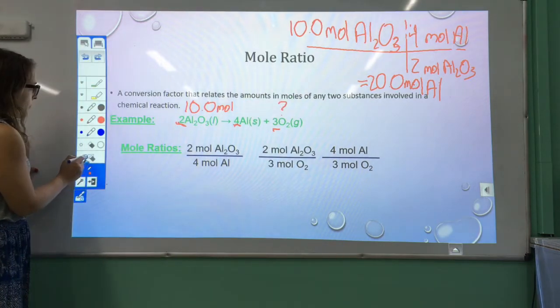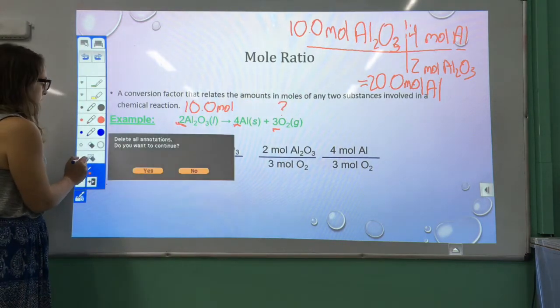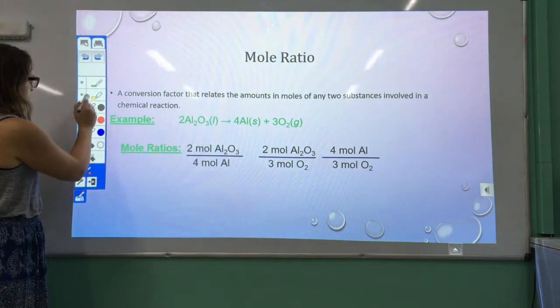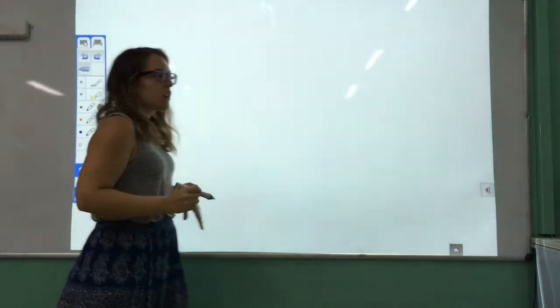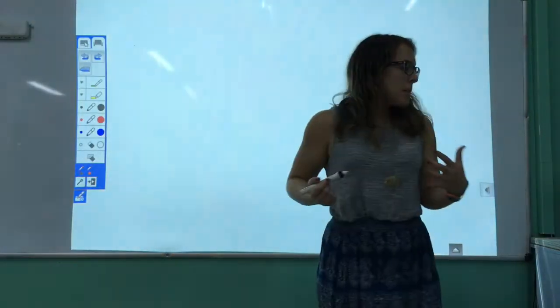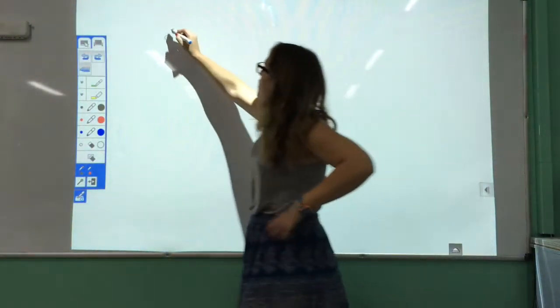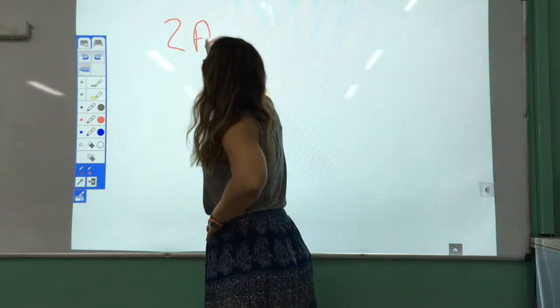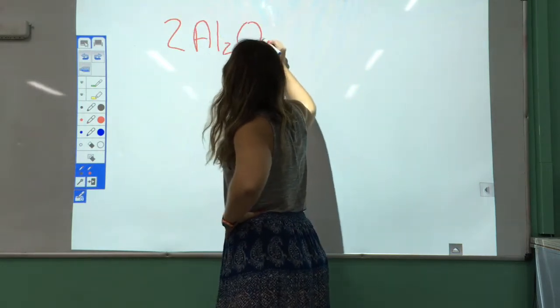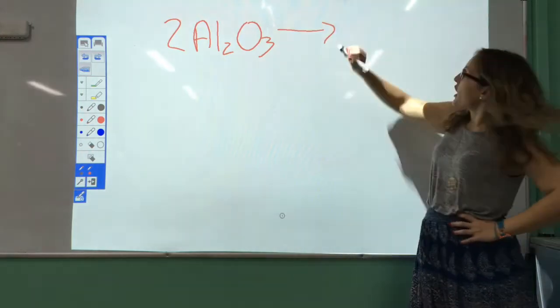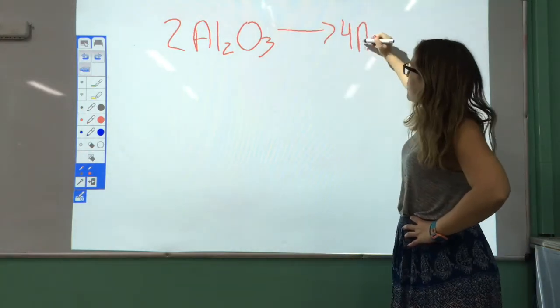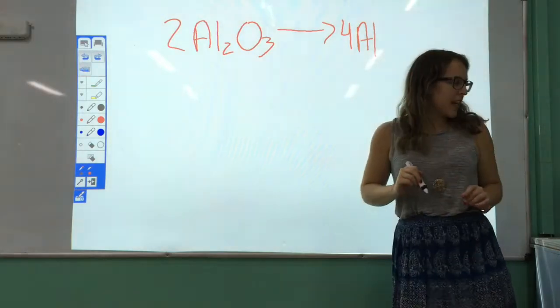So let's go one step further. Let me write the equation so we can see it again. Moles of aluminum oxide. Looking at this, what type of reaction would you think it is?